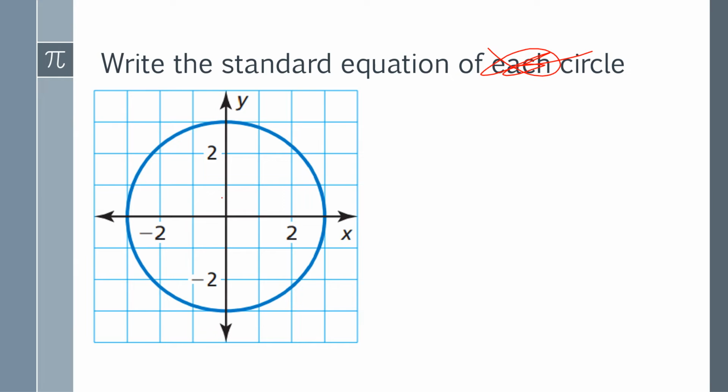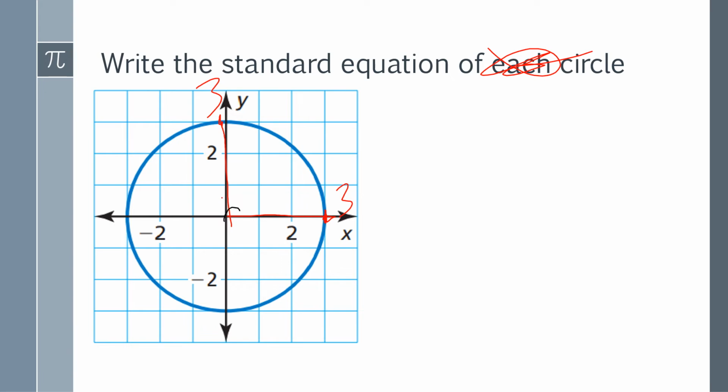So ask yourself this question: what's the radius of all this? If I got radius here, that's 3 going horizontally and 3 going vertically. So at least I know what my radius is. And what's my center?